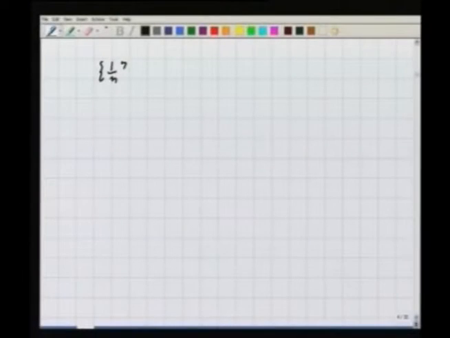Now, what is the most relevant question about sequences which we will learn to ask? Let me go by intuition. I look at the sequence 1 by n, which means I am looking at the sequence 1, half, 1/3, 1/4 and so on. I want to know, does there exist any real number such that as I go on increasing my n, the members of the sequence are getting very close to that real number.